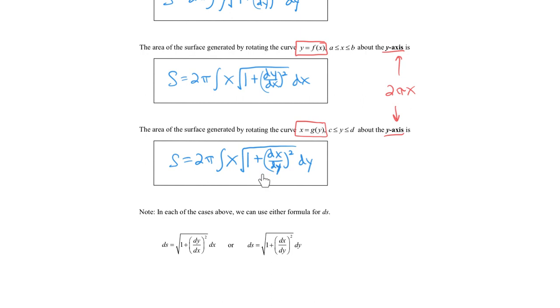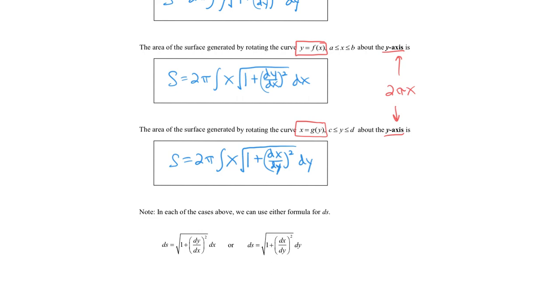If we're asked to integrate these by hand, like we often are with the Stewart book, they have to be carefully chosen. You take a derivative of a function, you square it, you add it to 1, it's under a radical, and then there's another variable over here. So they have to be carefully chosen in order for us to even do these by hand. But that's basically all the forms that you could have in this kind of problem.